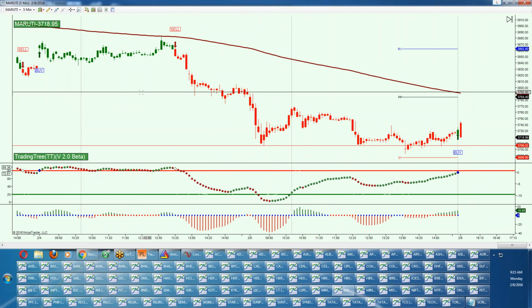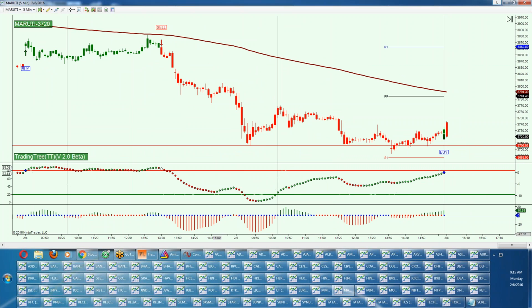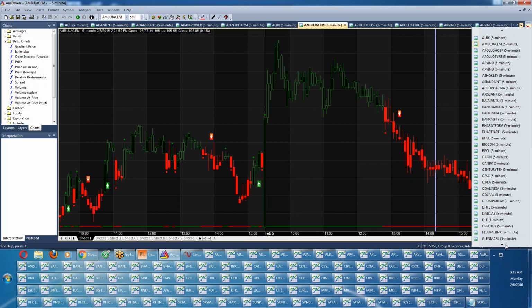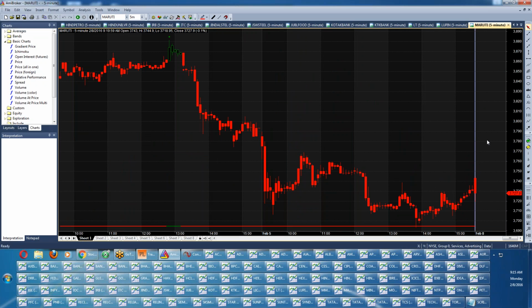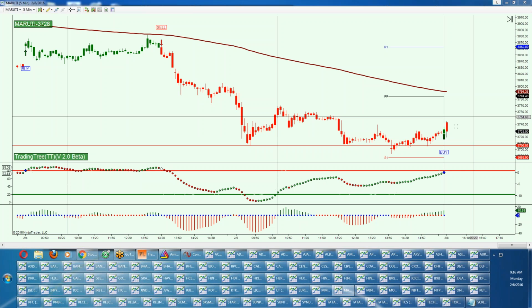I have put all my charts in 5-minute mode, in Ninja and even in the Ammyy broker. I'll get a confirmation after the candle closes, so I'm not taking that particular call here.